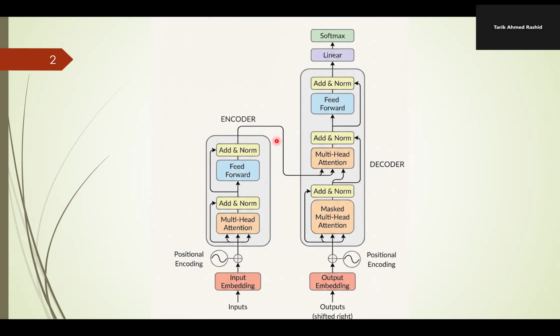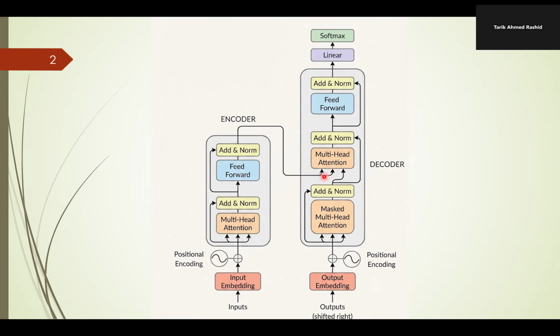And also remember that we have the input, which is correctly represented contextually, and they feed into multi-head attention so that we can create cross attention. So basically, the key matrix with the value matrix will be coming to here.